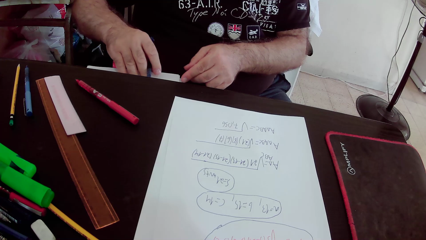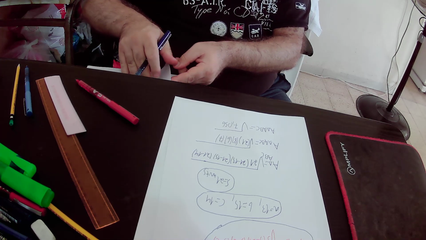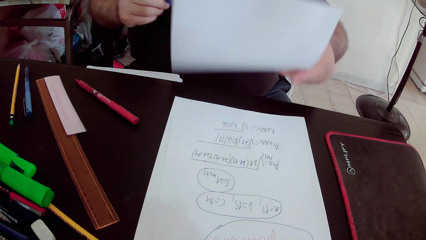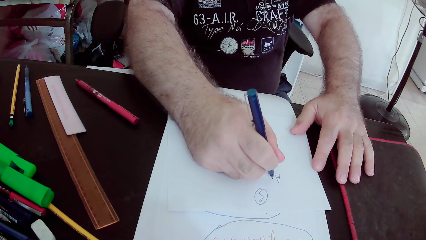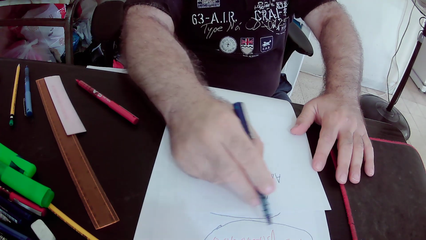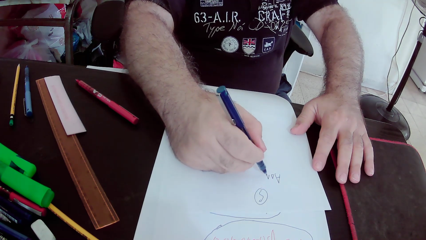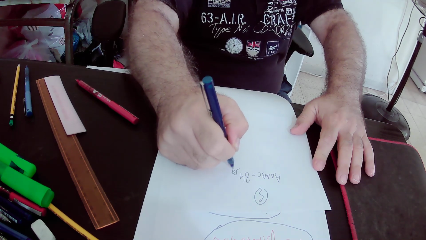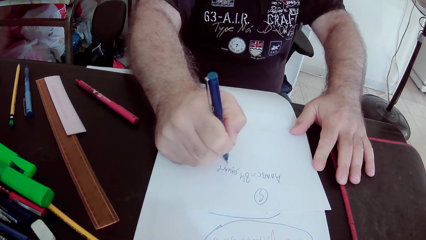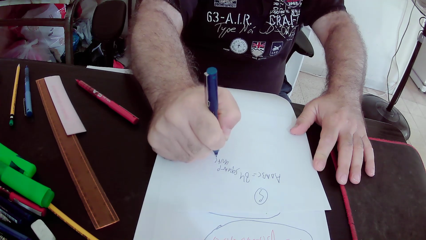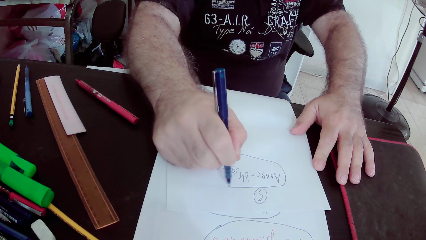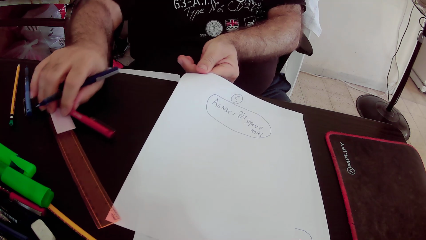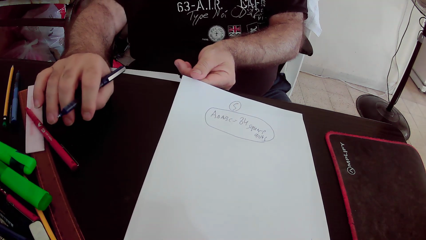So the area of triangle ABC according to the new formula equals 84 square units. Again, the area of triangle ABC equals 84 square units.